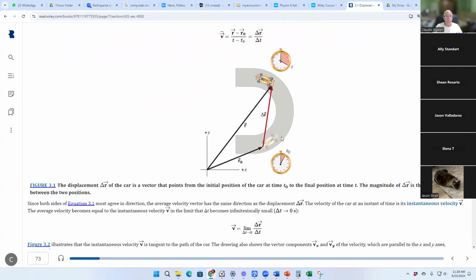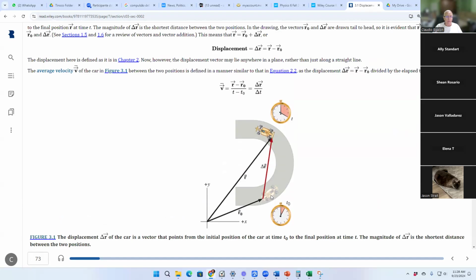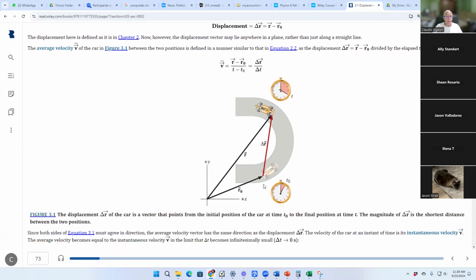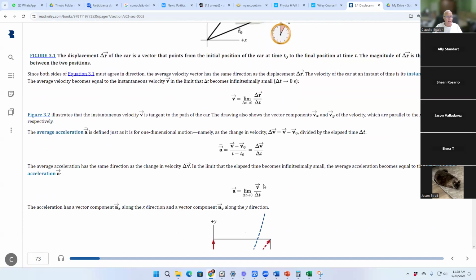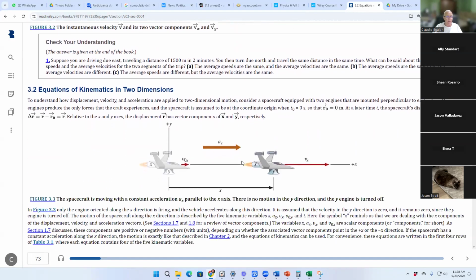This car here, this racing car, is moving in a two-dimensional space, and we have the initial position vector, final position vector, and that's the delta R. If you want to know the average velocity, you take this vector delta R divided by delta T. Here's the instantaneous velocity vector that will always be tangent to the path of the car. We covered that.